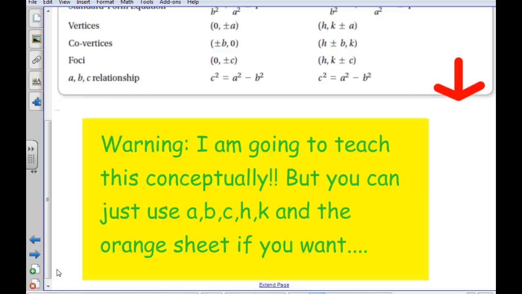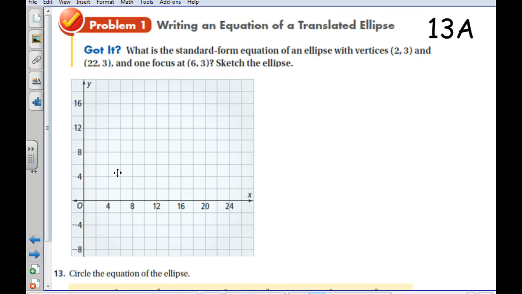My point is, I'm not going to tell you it's always x plus h comma k, all right? I'm going to tell you we just go out this way. So we're just going to teach you conceptually, but we'll refer back to the orange sheet.